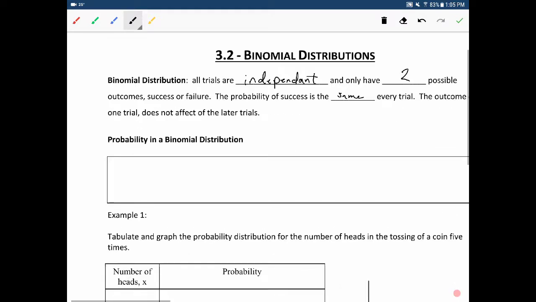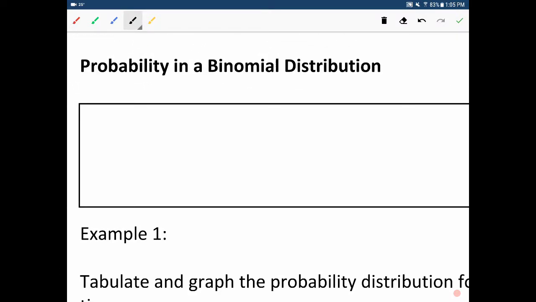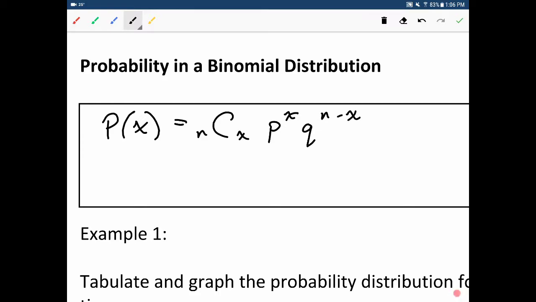So, this is one of our more complicated equations: the probability of being successful X number of times is n choose X times p to the power of x times q to the power of n minus x.